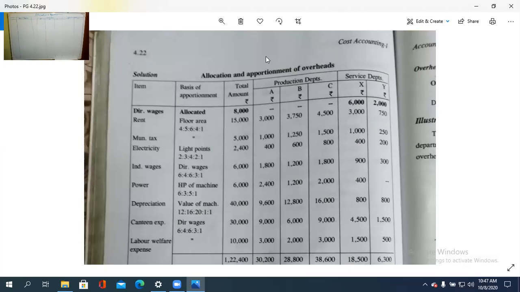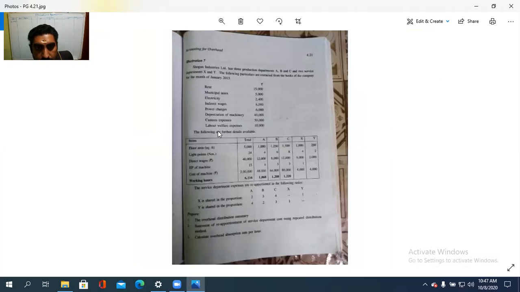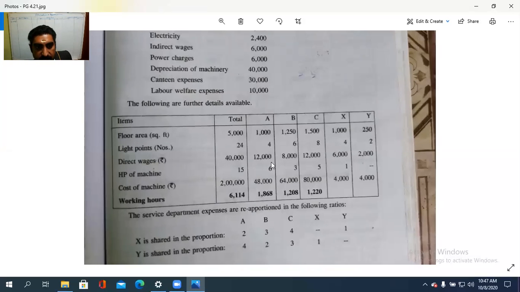This type of problem, surely they will ask. So firstly, what is the item? Direct wages. That is to be apportioned. See the direct wages: only for the service departments we need to take it.